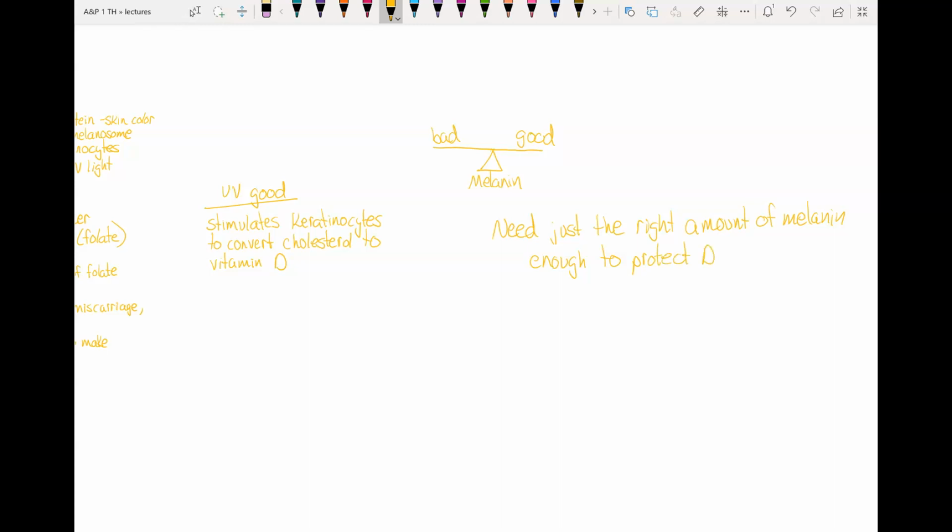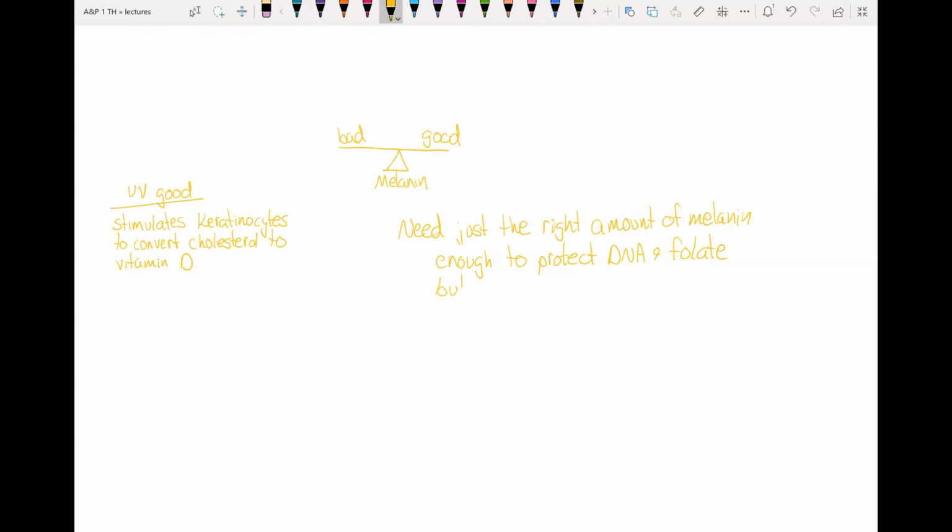So you need enough to protect your DNA and your folate, but not too much that you block your ability to make vitamin D. If you had too much melanin, you couldn't make vitamin D. So your body adjusts. You need just the right amount.